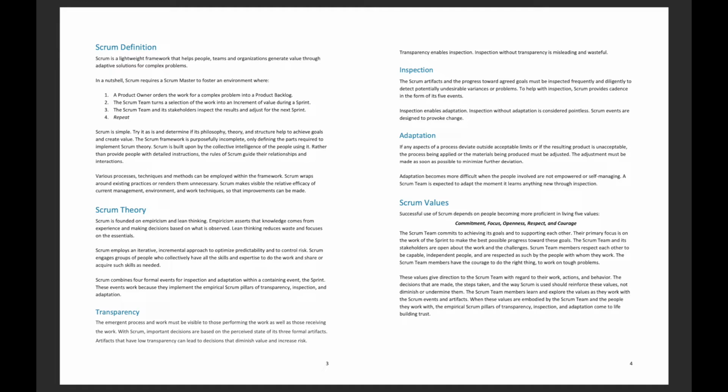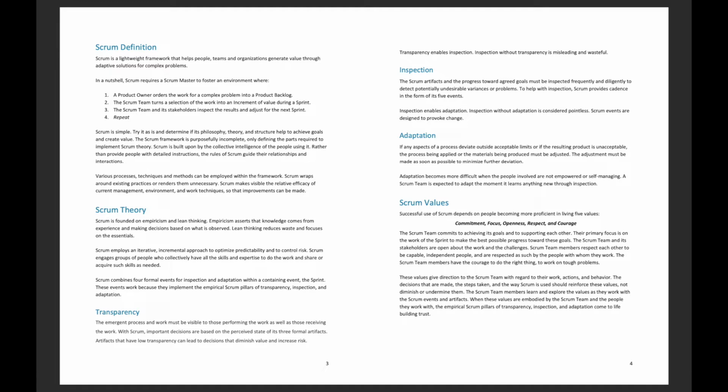Rather than provide people with detailed instructions, the rules of Scrum guide their relationships and interactions. Various processes, techniques, and methods can be employed within the framework. Scrum wraps around existing practices or renders them unnecessary. Scrum makes visible the relative efficacy of current management, environment, and work techniques so that improvements can be made.